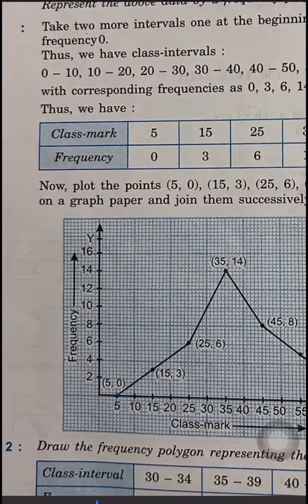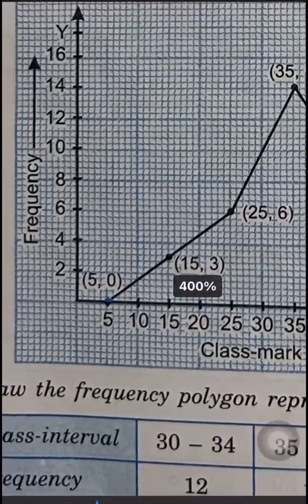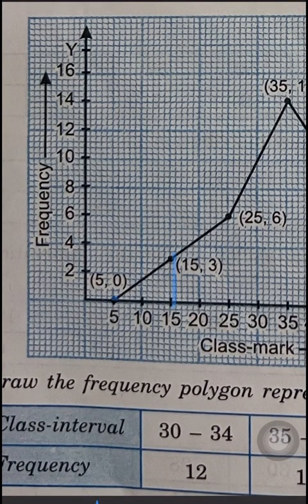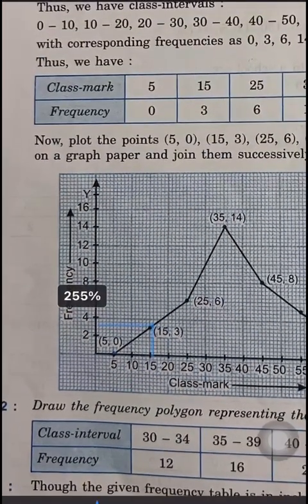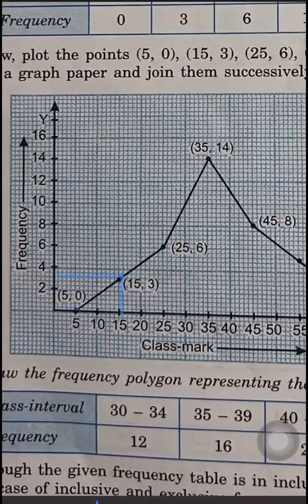Again, going to the next part, class mark is 15, frequency is 3. So mark 15, over here it's 15. And since it's 3, 3 is exactly the midpoint between 2 and 4. So it's somewhere here. So we have this 15 and 3. Next we have 25 and 6. So 25 on the x-axis and then we have 6.